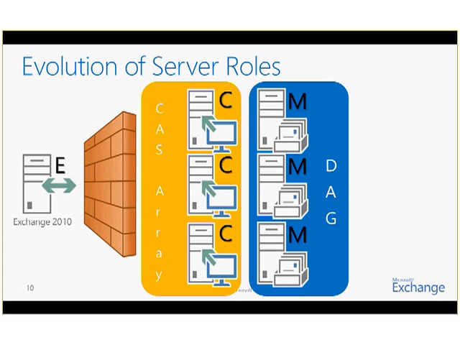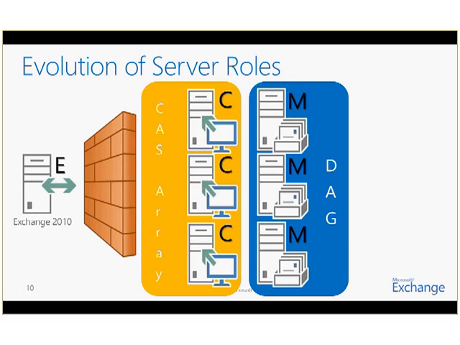And the CAS array is simply a group of CAS organized in a load balance configuration. Now, Layer 7 load balancing is still supported, but since the clients no longer need session affinity at the client access server layer, again because the session for the user's mailbox exists only on the mailbox server hosting the active copy of their mailbox, Layer 7 load balancing, also known as application level session affinity, is not required.